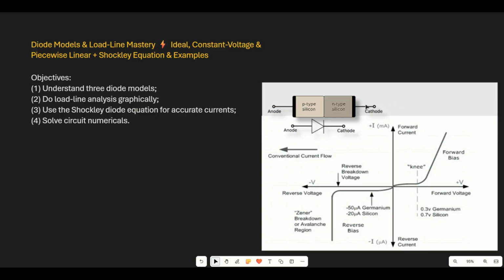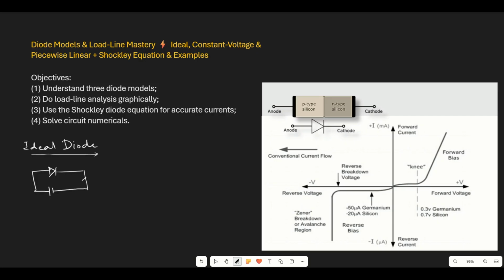The first model is known as the ideal diode. So what is the ideal diode model? Consider a simple circuit diagram containing a diode, connected in forward bias operation.